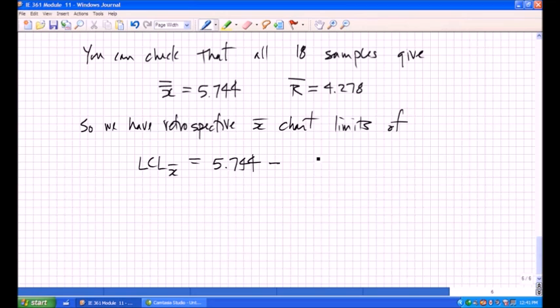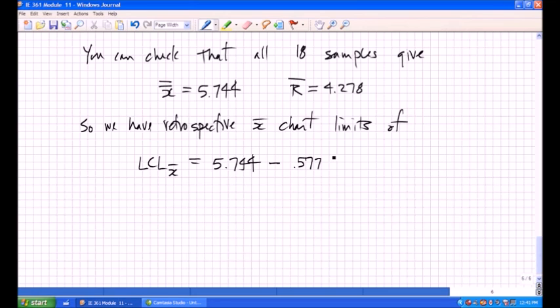And if you look on page 509, you'll find that for samples of size 5, the A2 value is 0.577.